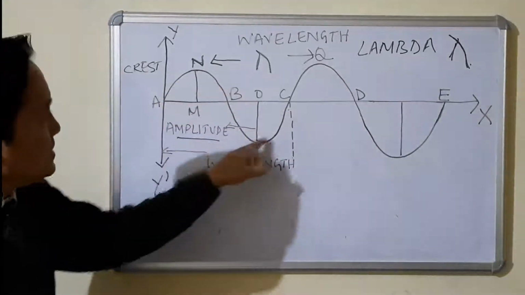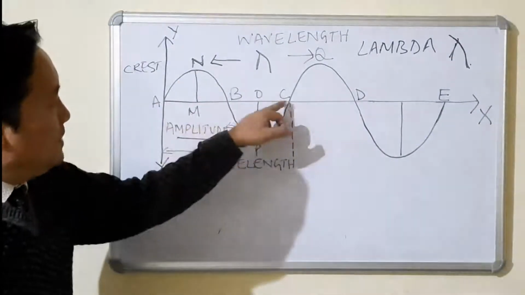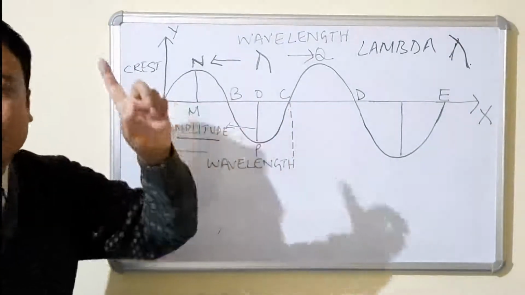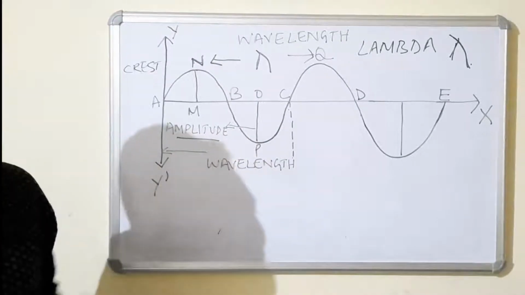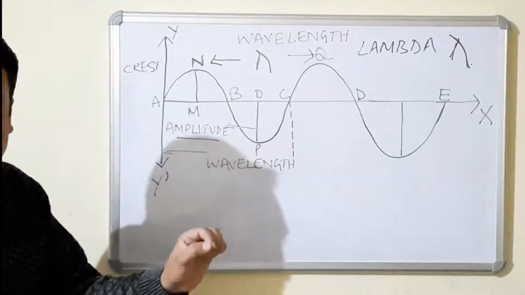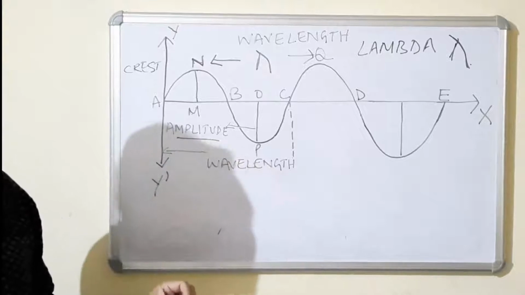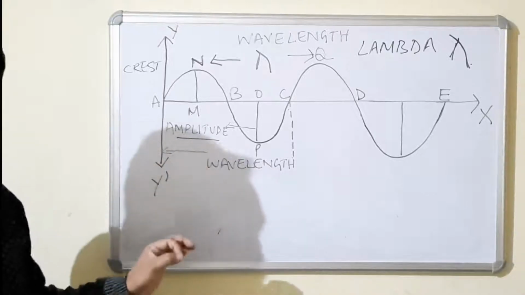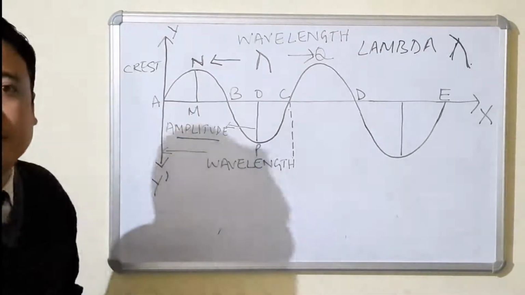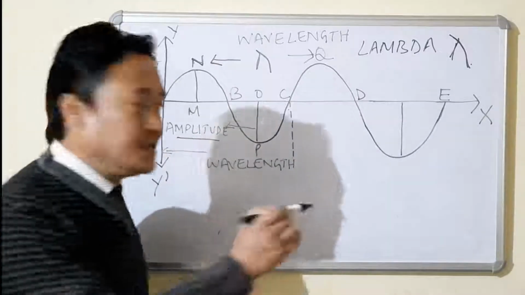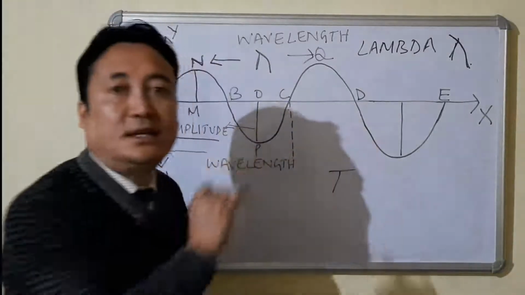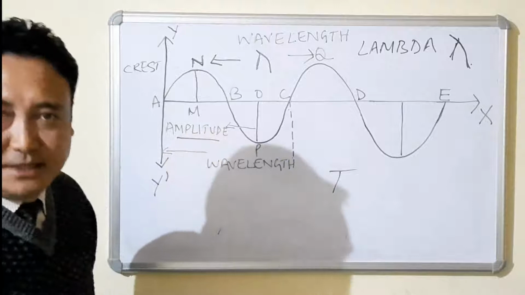Okay, from one crest and one trough to make this oscillation. Whatever time is required, that is known as the time period. Time period is symbolized as capital letter T.